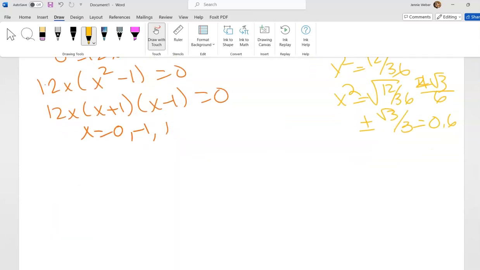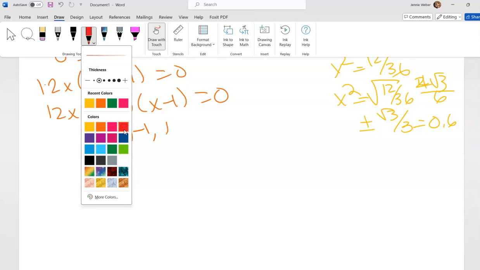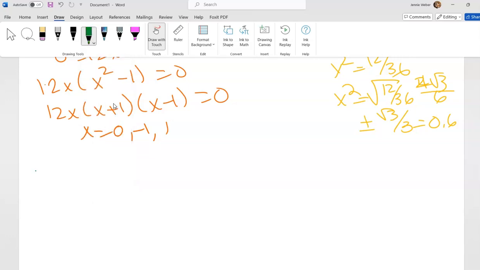Okay, now we've got this information. At this point you can do two things. You can stop and find all the graphing points that you're going to need to graph with, or you can draw your chart, whichever one you want. It kind of goes either way. I think I'm going to find my graphing points so I have them and I'm done with them, okay?